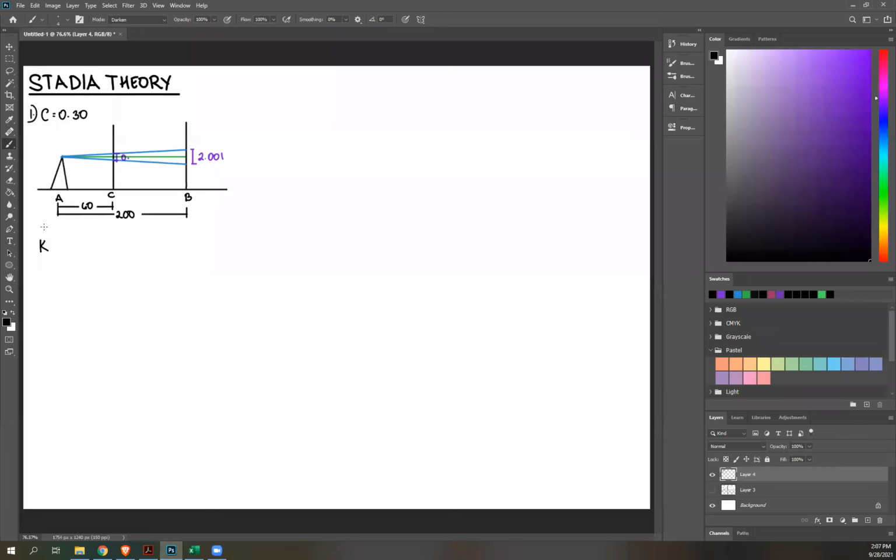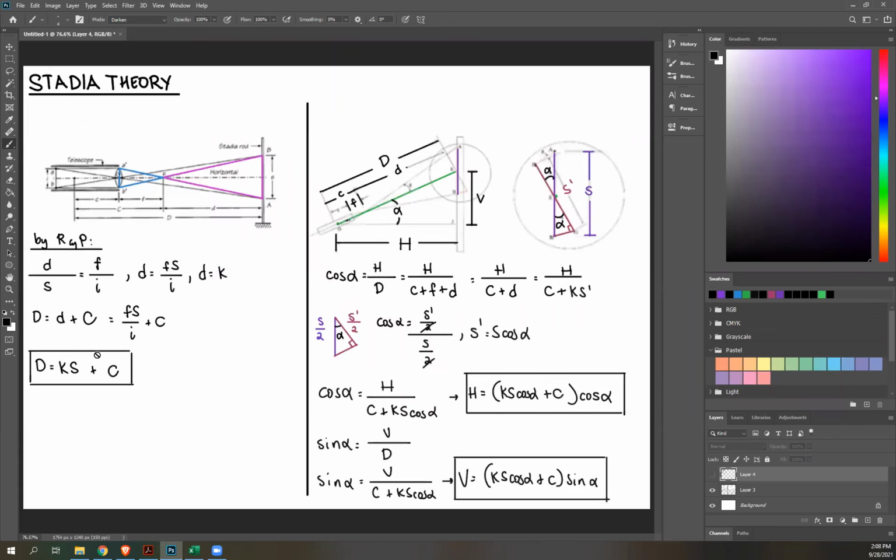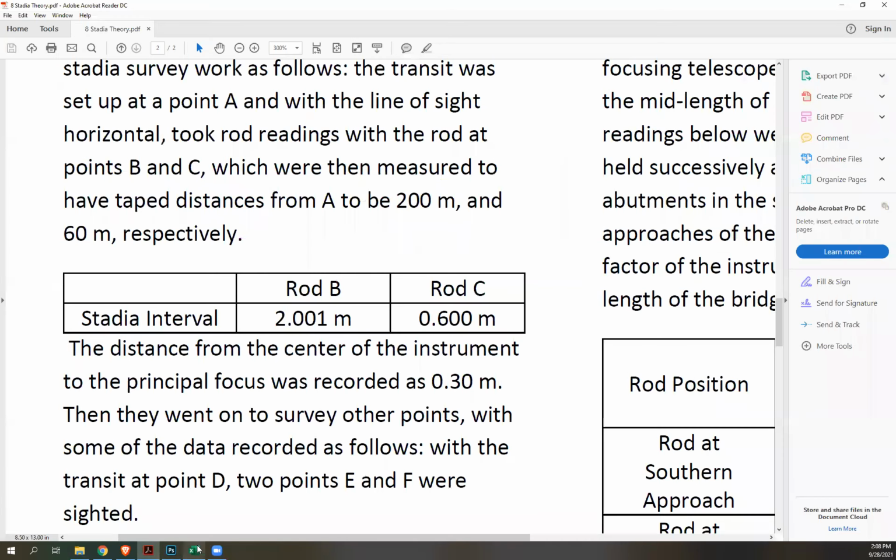Okay. Right. So we have two rods here. So we can compare equations created from doing each rod. So let's start with rod C. Okay. And then we can create, using this equation, D, which is again horizontal distance for horizontal observation, is Ks plus C. So we'll use this.